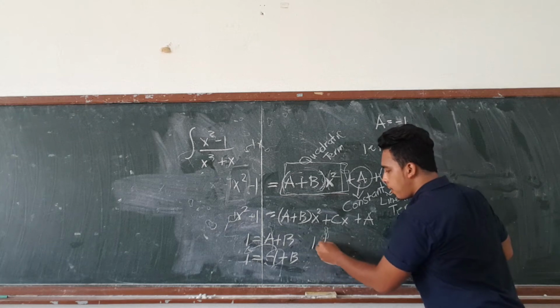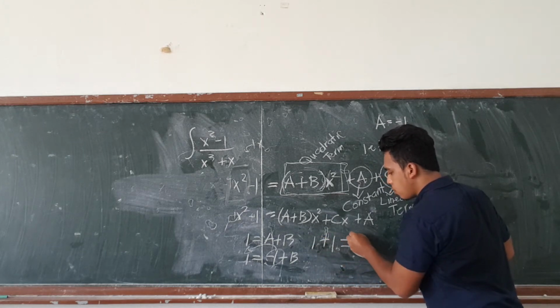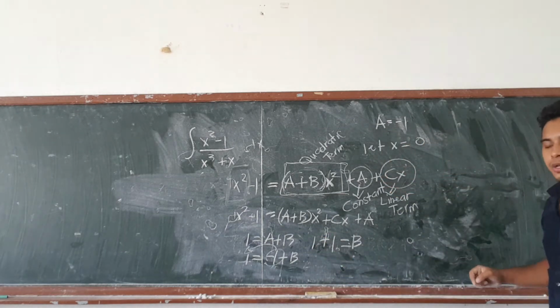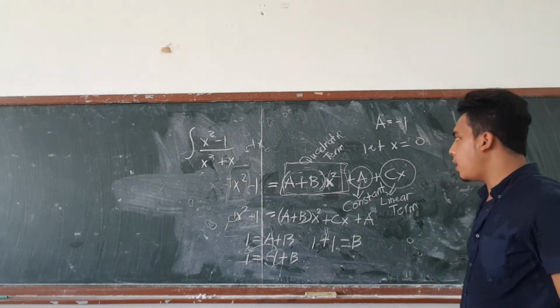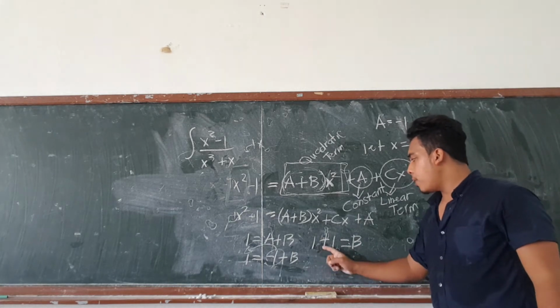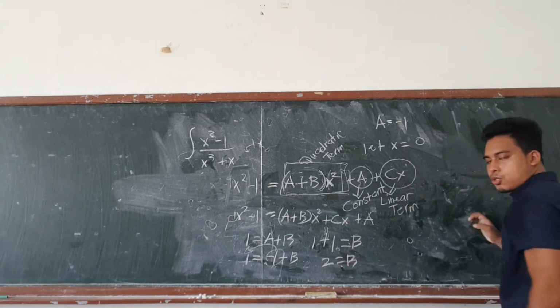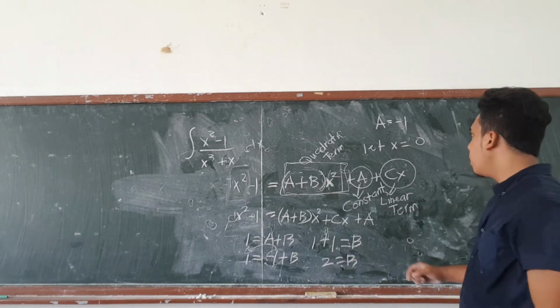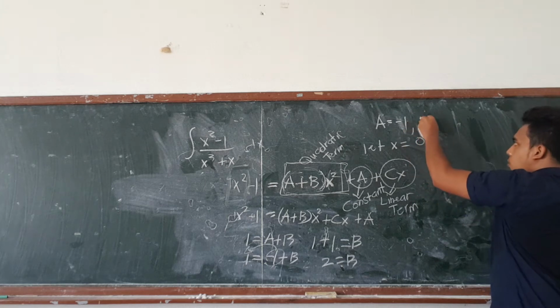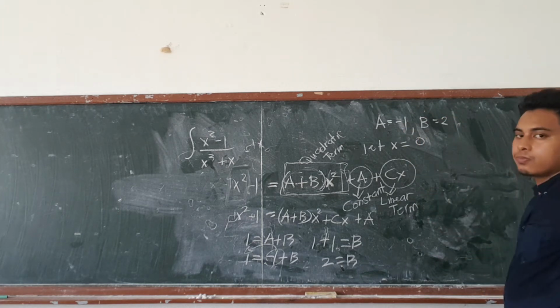So 1 plus 1 equals b. That would be 1 plus 1 is equal to 2 equals b. So the value of b will be equal to positive 2.